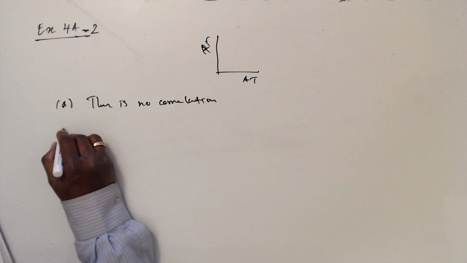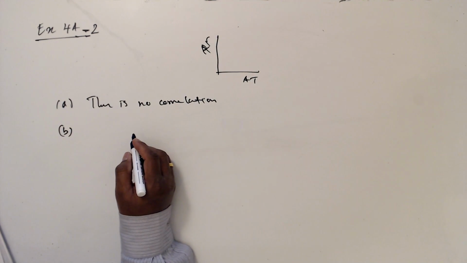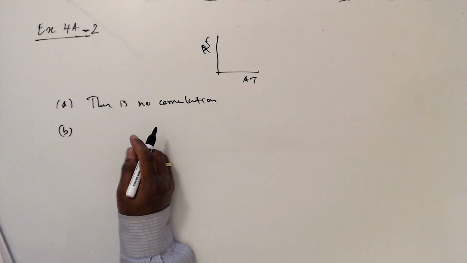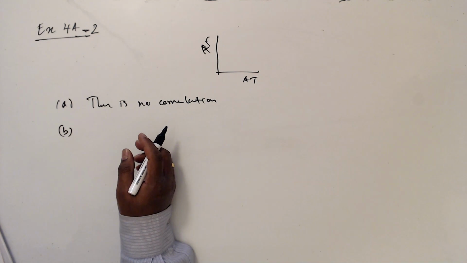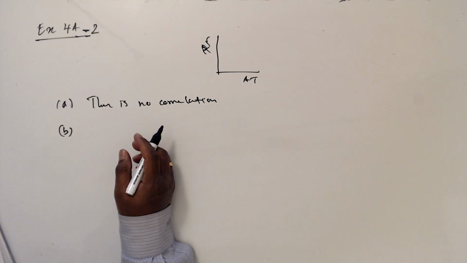Part B. Comment on the claim that the hotter cities have less rainfall. So when you look at hotter cities, let's say 30, 35, the rainfall is 0, we can see. But how about the statement: hotter cities have less rainfall?